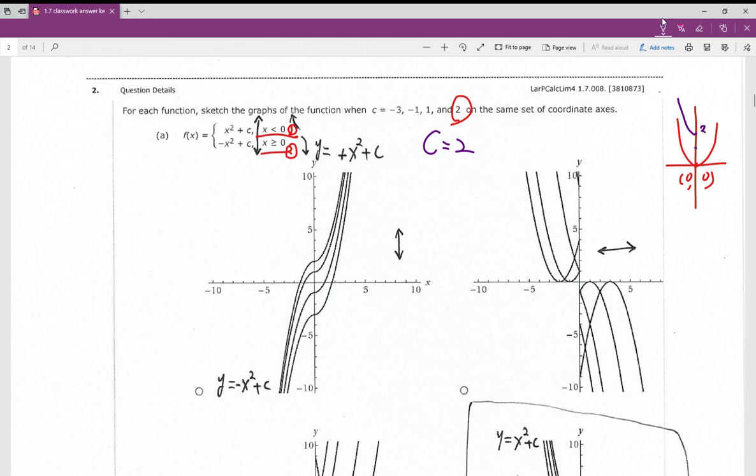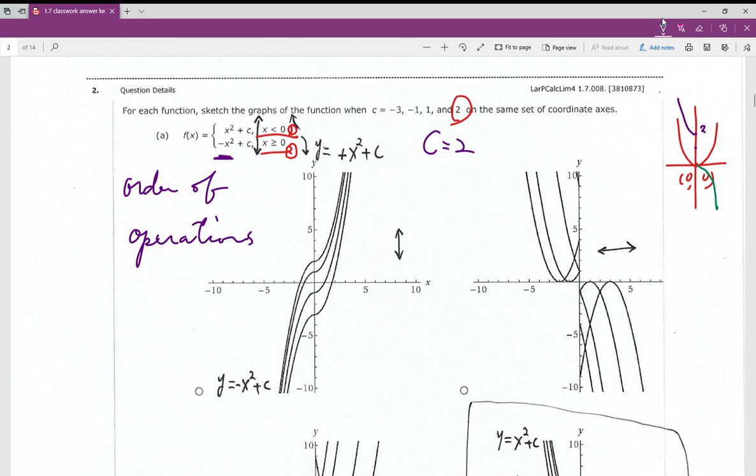And when x is positive, on the right hand side, follow order of operations. You multiply the negative sign first. So positive becomes negative.